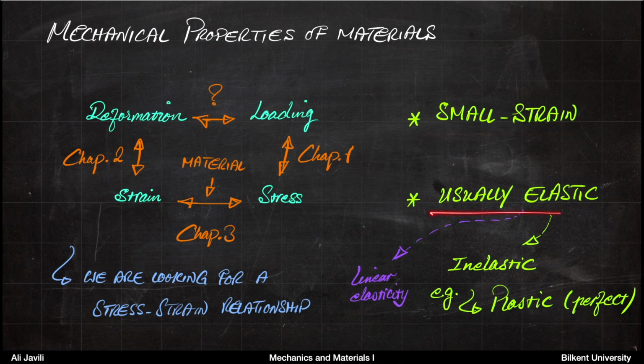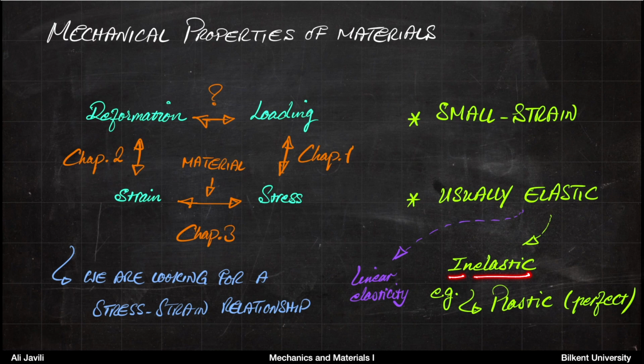And the second thing you should also remember is that the material response is usually elastic. And when we say elastic, we also mean linear elasticity. If it is not elastic, then it is inelastic.